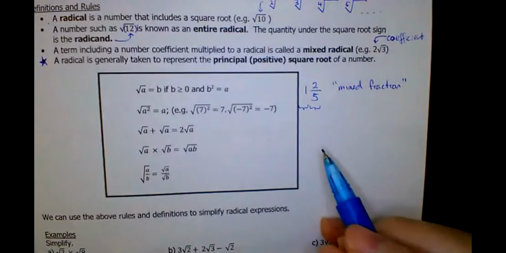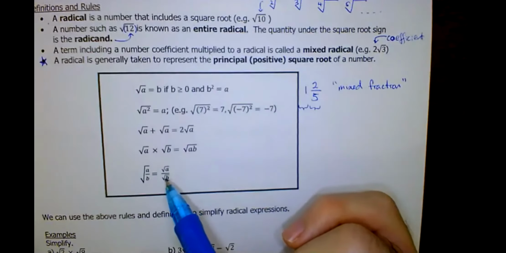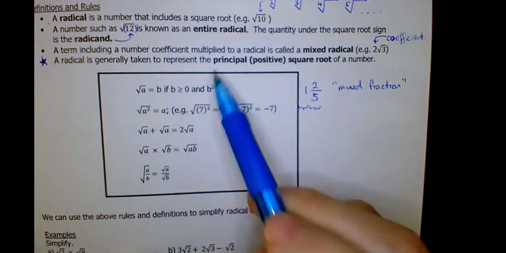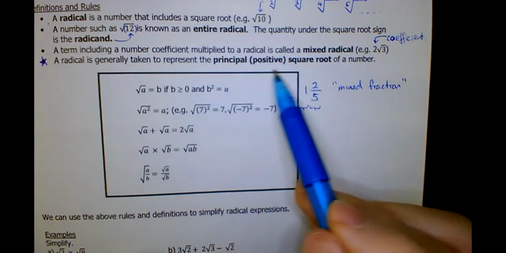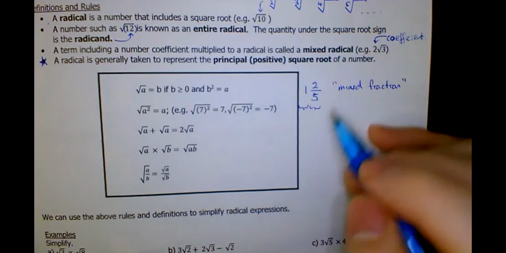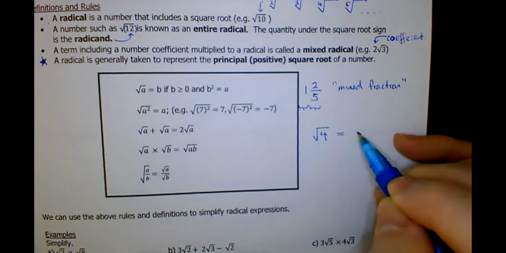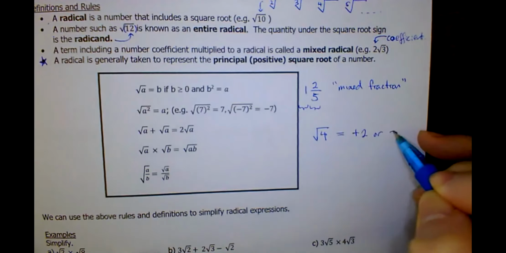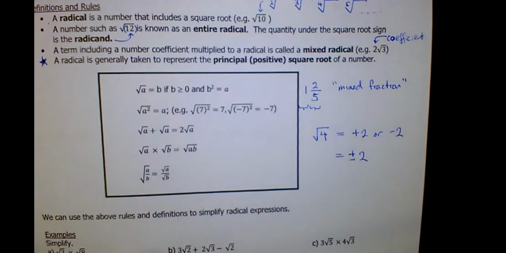And the last idea, you don't have to worry too much right now. I'm going to put a little star next to it. Typically, when we work with roots, when we simplify, we simply assume that the answer is going to be positive for now. I know in grade 10, in the future, if you have, let's say, the square root of 4, the answer could be plus 2 or minus 2. The way we write that is plus or minus 2 like this.